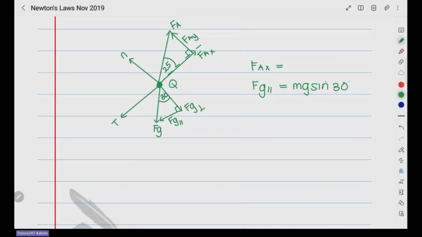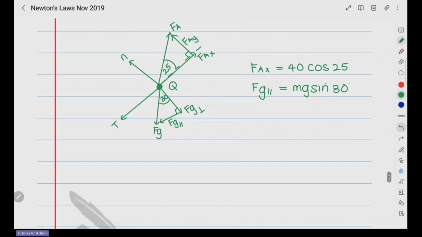Mg. Not mg, it will be applied force cos theta. So applied force is 40 cos of 25. Remember, this part in front is the resultant force. For here, the resultant force is applied. Here, the resultant force is Fg. So just be careful with that one, okay?